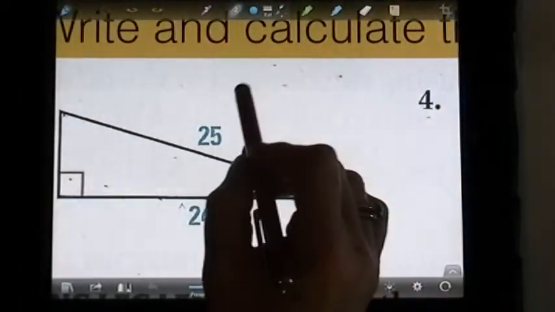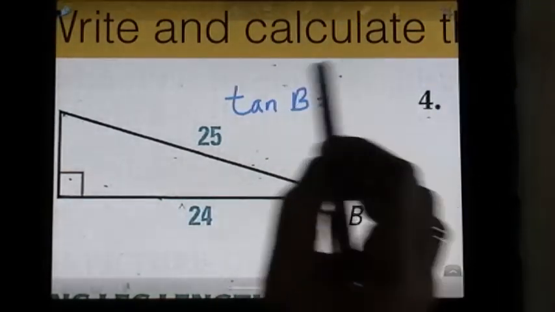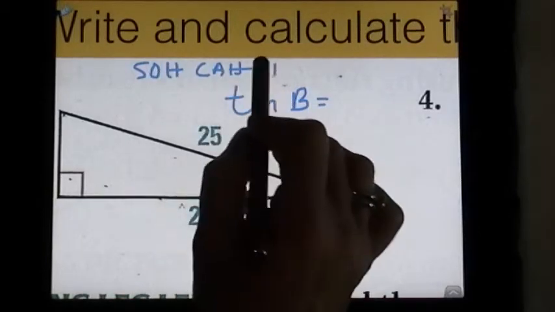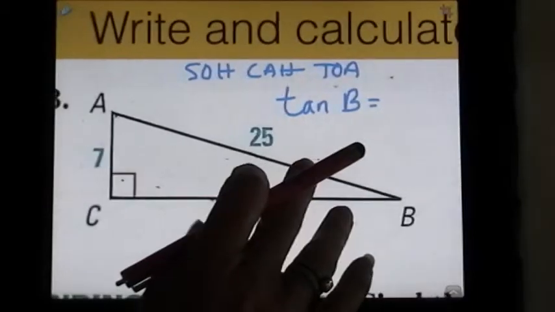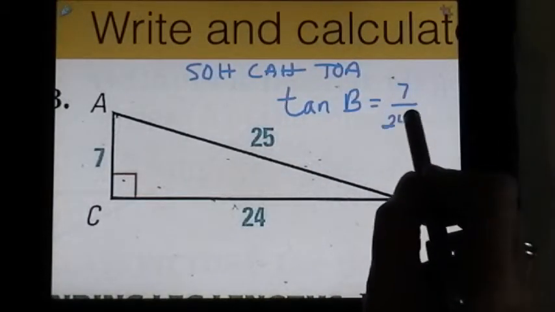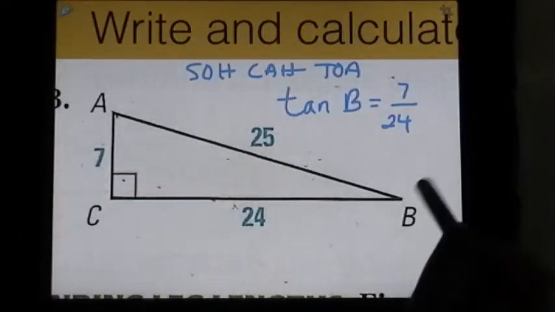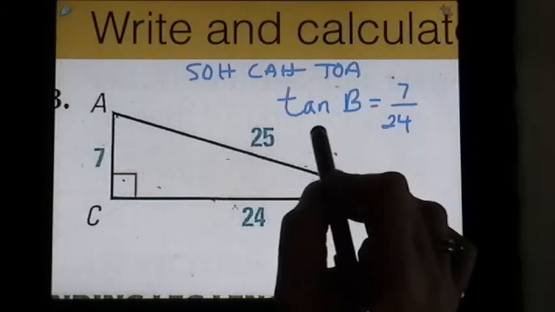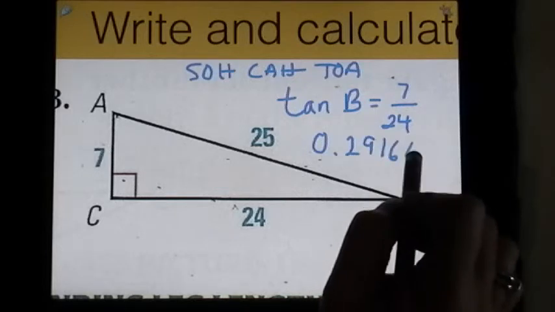Okay, now if we're going to calculate the tangent of B, that would be SOHCAHTOA. That's opposite over adjacent. So we're going to use the opposite side, 7, over the adjacent side, 24. And 7 divided by 24 is, now we have more than 4 digits, 0.29166.